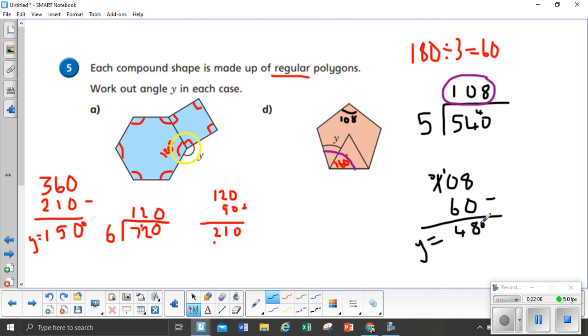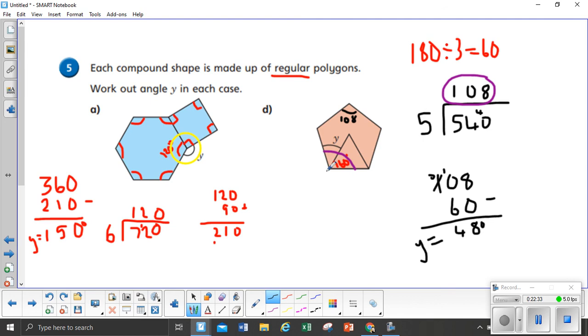Just to go over that bit because it's quite complicated. They've got this regular triangle here. The internal angles in a regular triangle are all 60 degrees each, because 180 divided by 3 is 60. In a regular pentagon, each angle is 108. So this whole purple angle is 108 degrees.